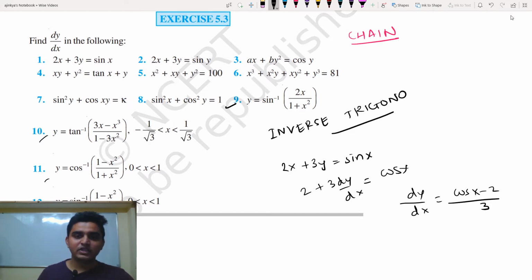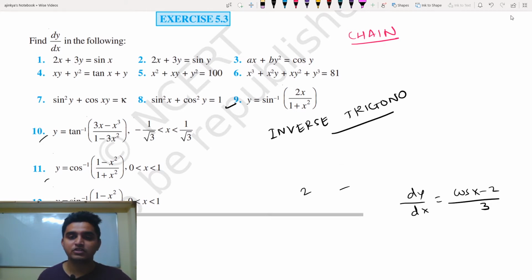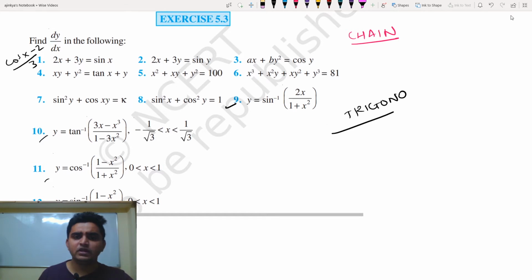Now in the second question, I'll just try to rub this off. So since we have the final answer for the first question, which is going to be cos of x minus 2 everything divided by 3. Now in the second question, we can directly see that the question is very easy, and in this particular function we are going to find out that we have two y's on either side of equation, and we generally don't want this.